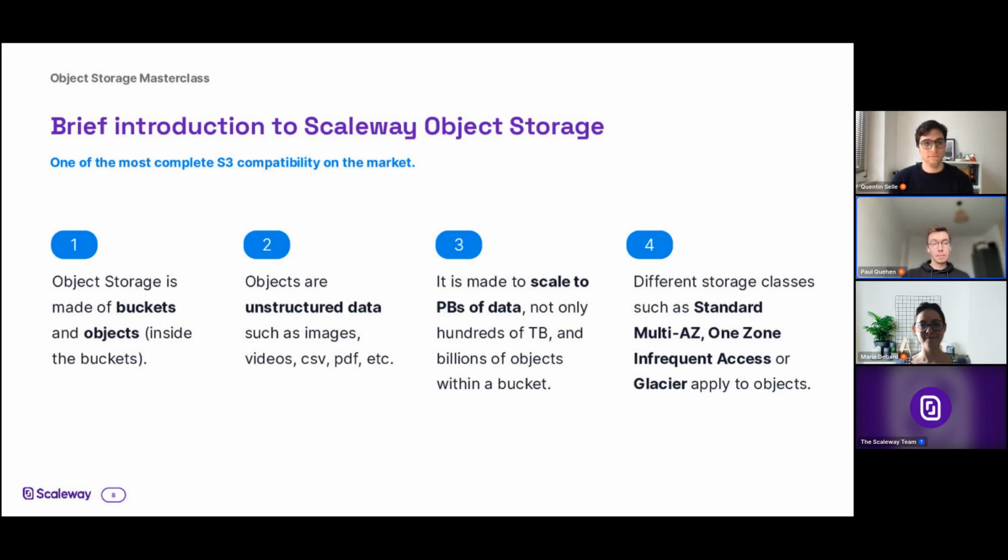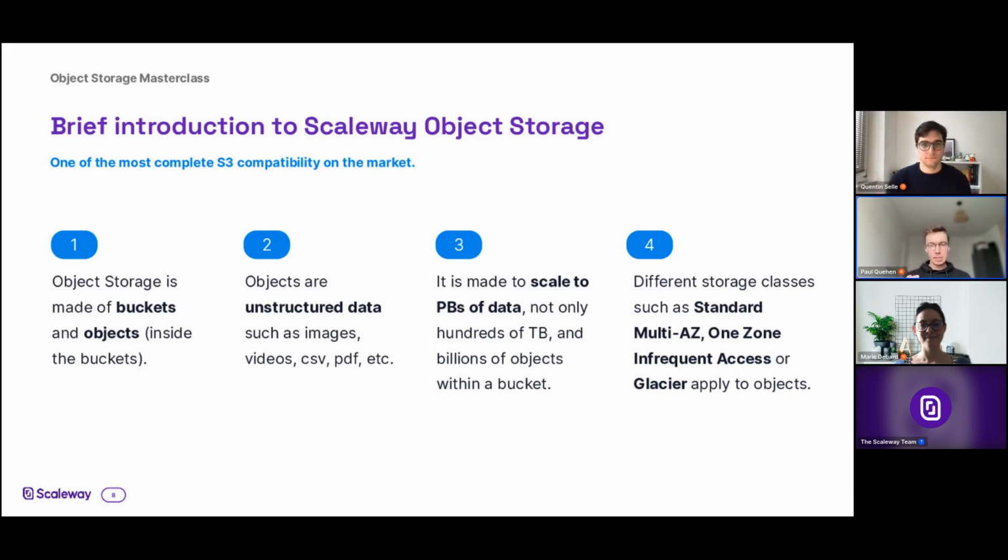Those objects are unstructured data, such as images, videos, files like CSV files or PDF files, or raw data, for example. At Scaleway, our object storage solution is made to scale to petabytes of data, not only hundreds of terabytes, and can host billions of objects within a single bucket.